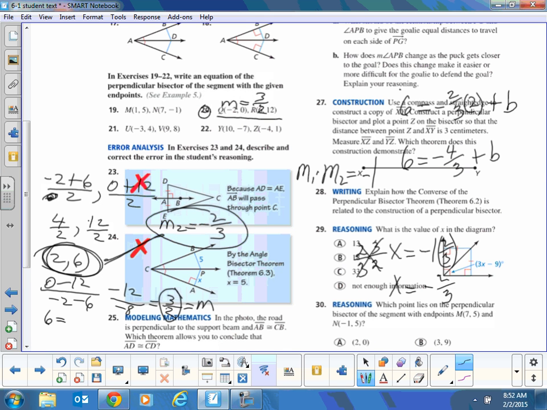This is 1 1/3, so this is 7 1/3. I'm adding it to both sides. So b is 7 1/3. So again, y equals negative 2/3 x plus 7 1/3.